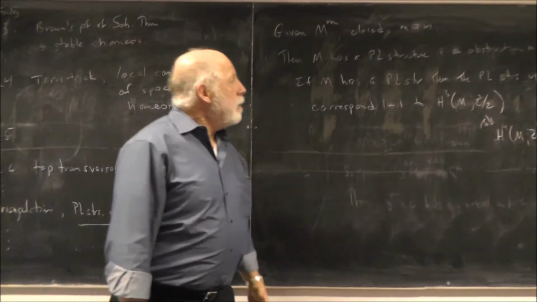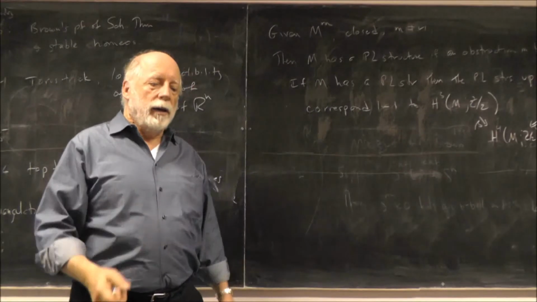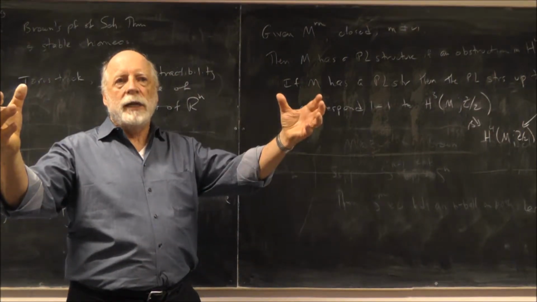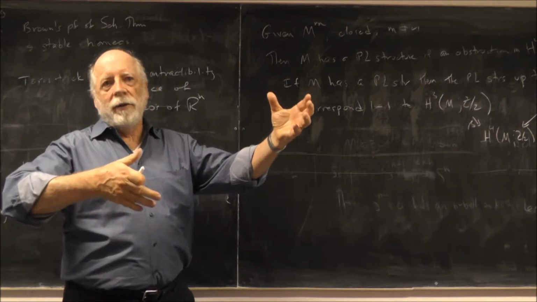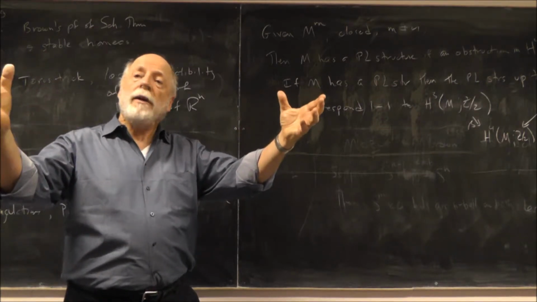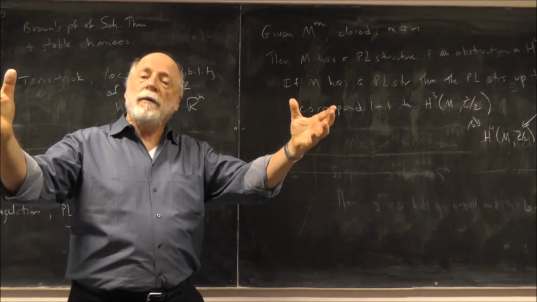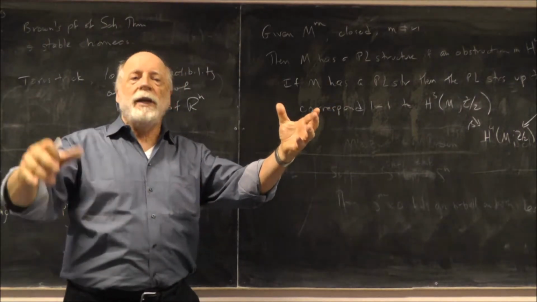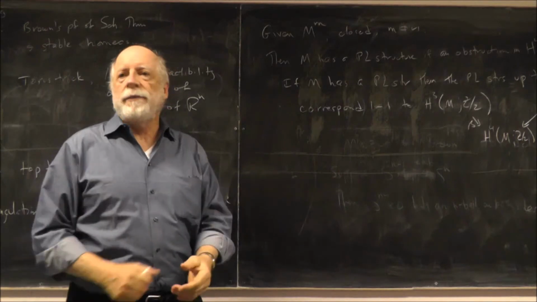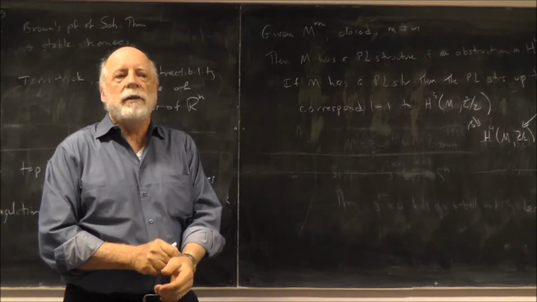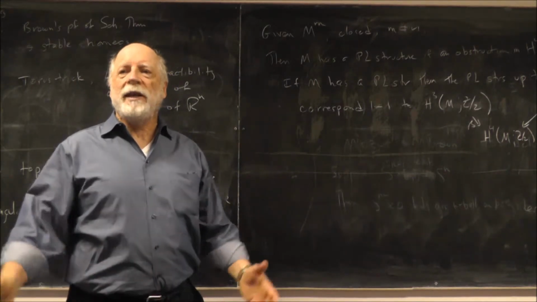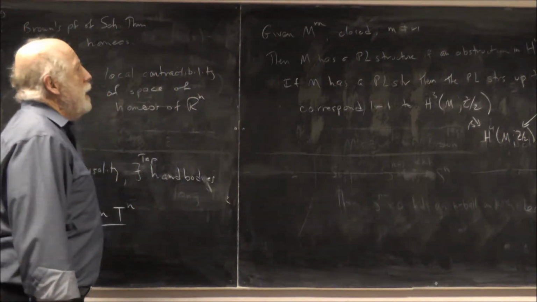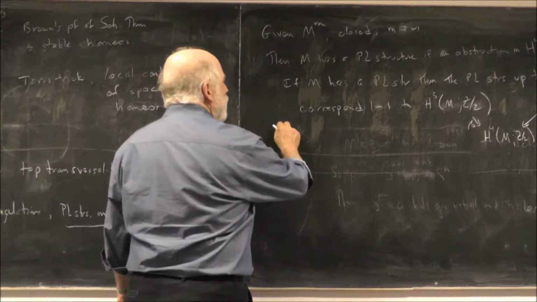And then you can ask, well, you have a homeomorphism between these two PL manifolds. Forget about that homeomorphism. Just ask, are the two PL manifolds PL equivalent? Don't worry about whether that has anything to do with a homeomorphism. That question is just hard to answer. I have nothing to say about it. Nobody has anything really to say about it.